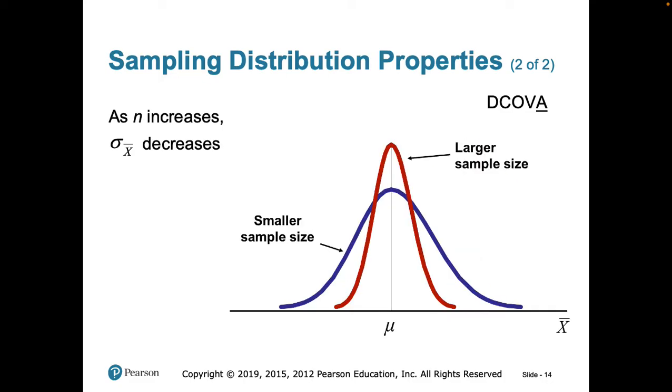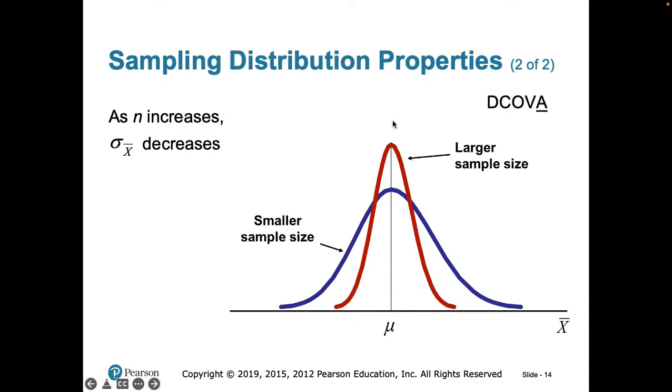As the sample size gets bigger, your standard deviation is going to be smaller. It makes sense, because now you are dividing by a bigger number, so it's getting smaller. As you can see here, the blue line represents the smaller sample size, but as you divide by a larger number, the standard deviation is going to be smaller.